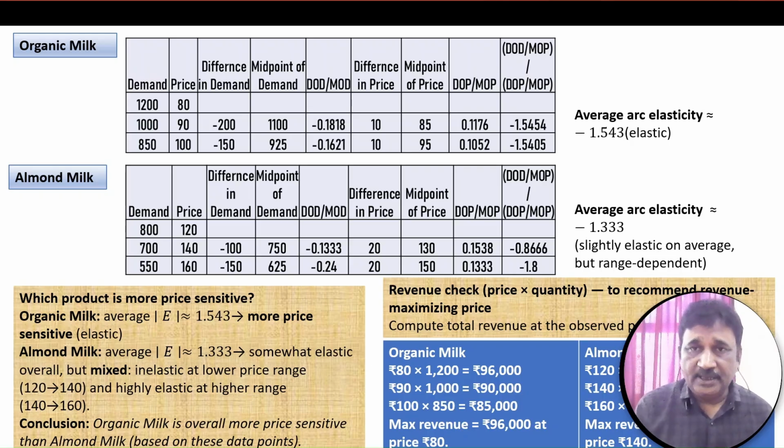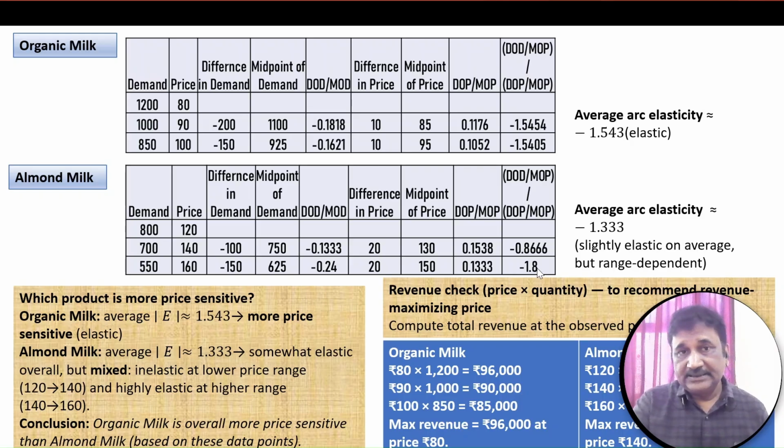What does this mean? As the ratio between the first and second point is less than 1, the demand is not sensitive to the changes in price. It is inelastic demand, right? And for the second and third point range, the ratio is 1.8, right?